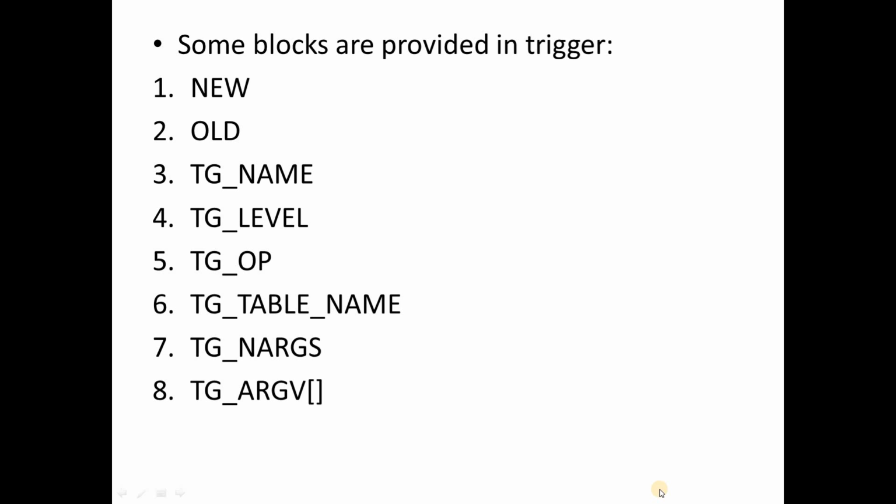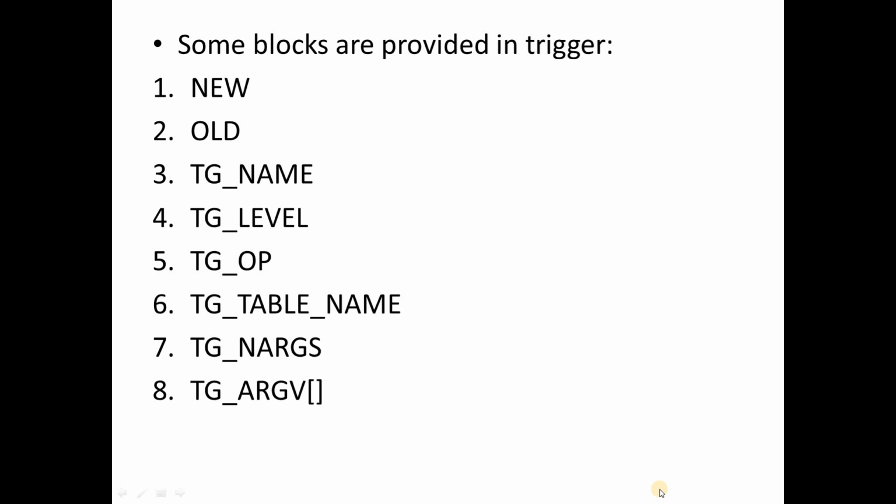Then TG_OP, that means operation, on which operation you apply the trigger, that means on which event you call or fire the trigger, which will be INSERT, UPDATE or DELETE. Those 3 values are held in the TG_OP variable. Then TG_TABLE_NAME, that means on which table you apply a trigger, that table name is stored in the TG_TABLE_NAME variable.